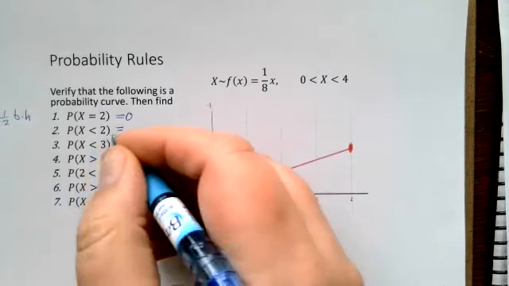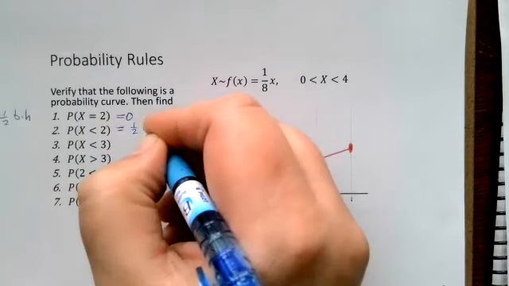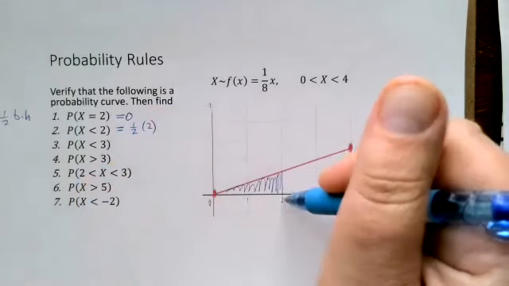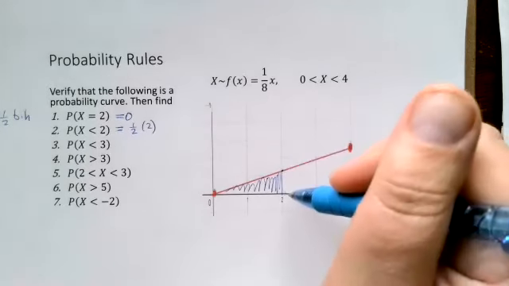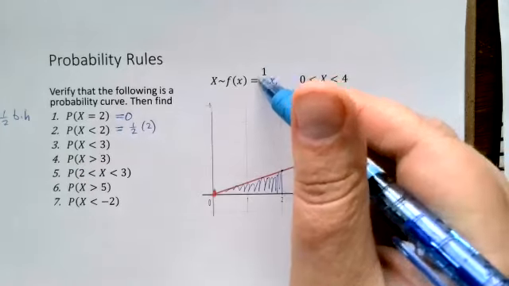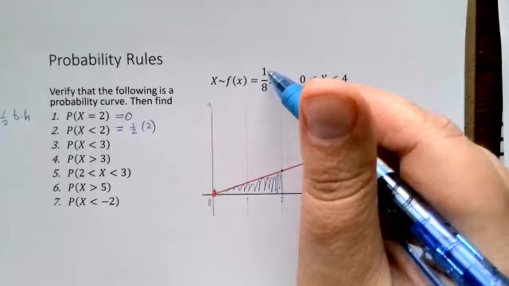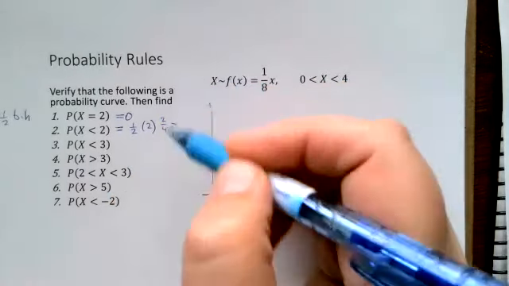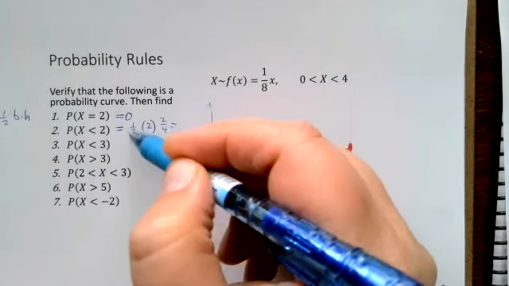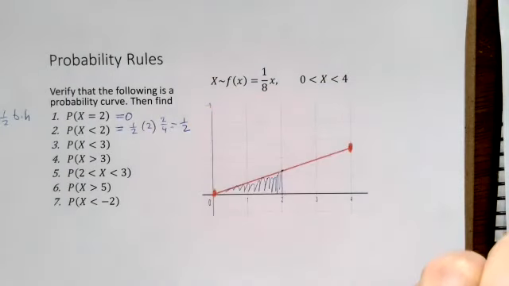So this area is 1/2 times 2 times what's the function value at this point? How high is this point? Well, if we plug in the 2 in the formula, we're going to get 2/4. And that will give us 1 times 2/4, that's 1/2. So that probability is 1/2.